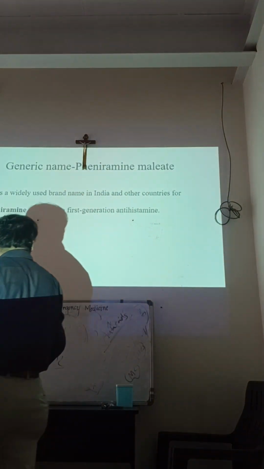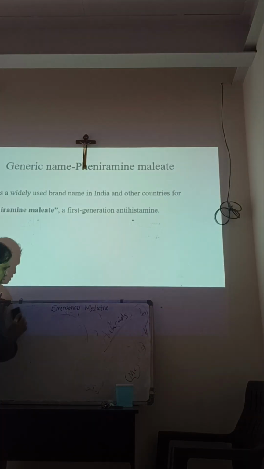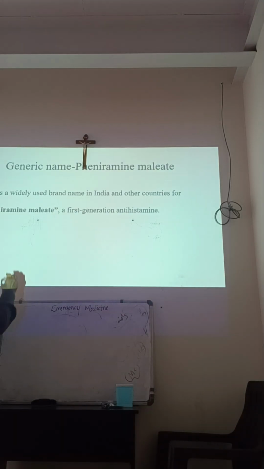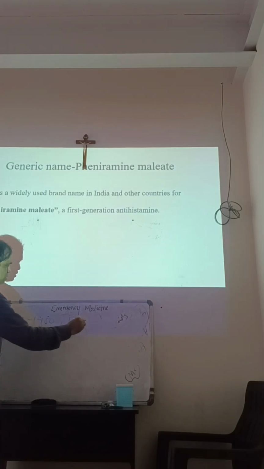Now you may ask, some of the drugs you get in pharmacology are first generation, second generation, third generation, fourth generation. What is the meaning of first generation? Suppose a few drugs are released to the market, just for example, between 1970 and 1980. The drugs released in those 10 years come under first generation.